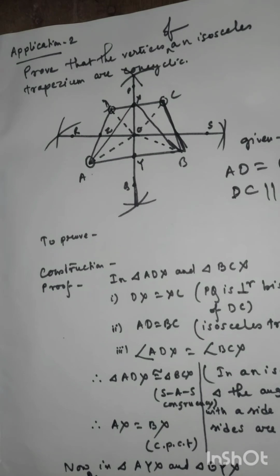When two perpendicular bisectors meet at a point and we join that point of intersection to the points C, D and A, they will be equidistant from O. So OC equal to OD and OD equal to OA. Therefore, OC equal to OD equal to OA.